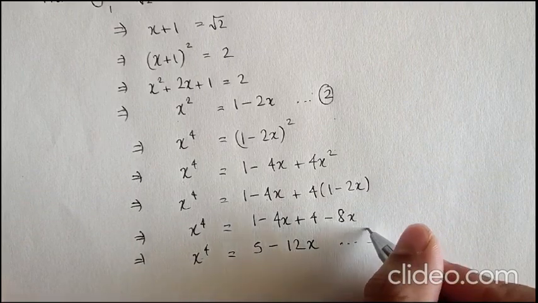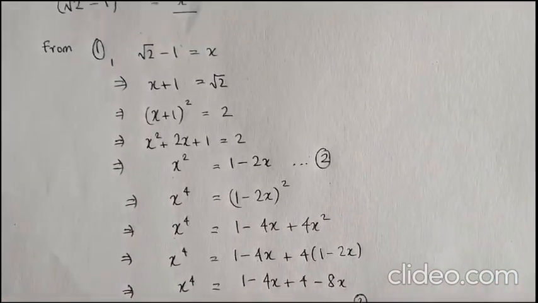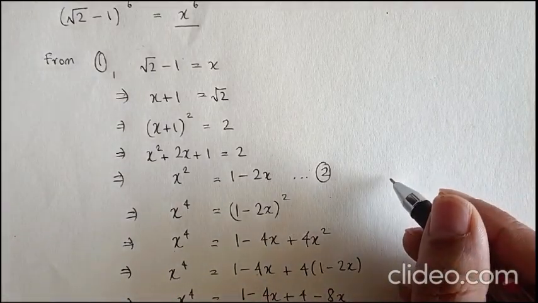This will be our equation 3. Okay, so clear so far? So we will shift this to the right hand side here because we don't have enough space. So let me just write it here.